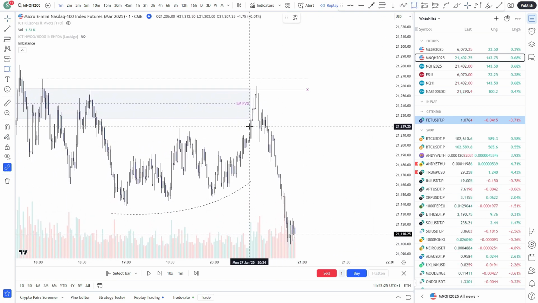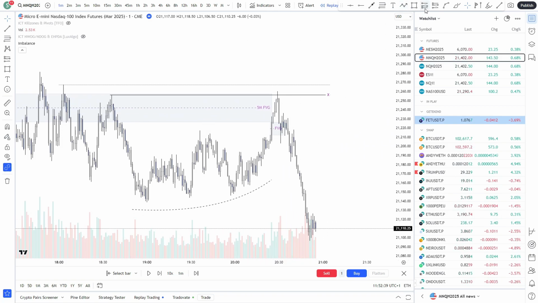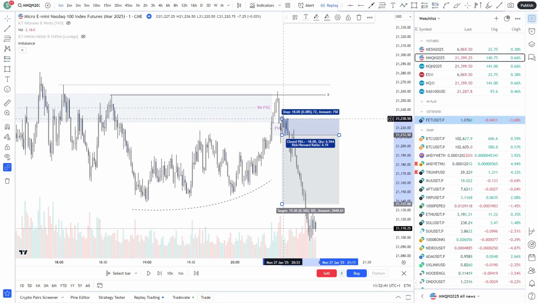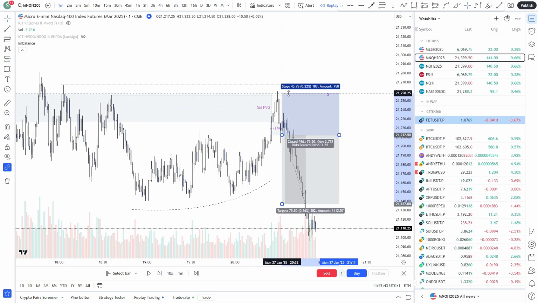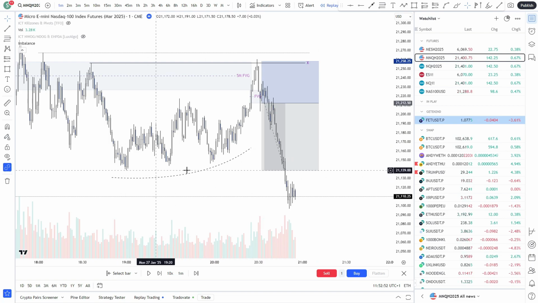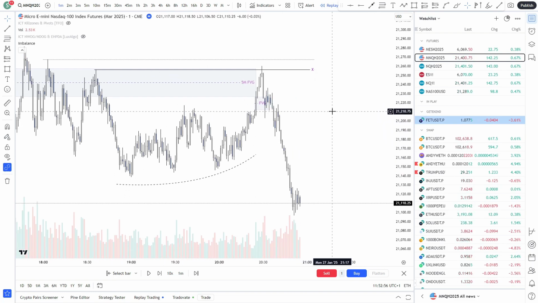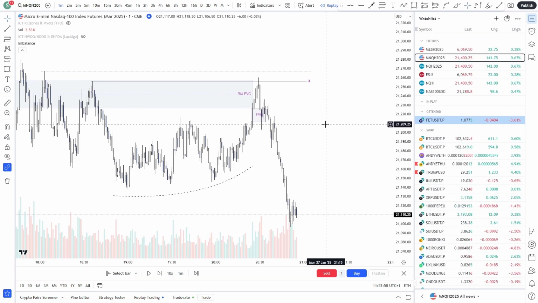The first thing I see is this 1-minute fair value gap. When this was made, I wasn't really happy about this one, because if you want to play a gap like this, you have to put your stop loss at least over here. And as you can see, the risk to reward at your take profits is just terrible. So I was just waiting patiently for price action to give me a better entry or a better stop loss placement.